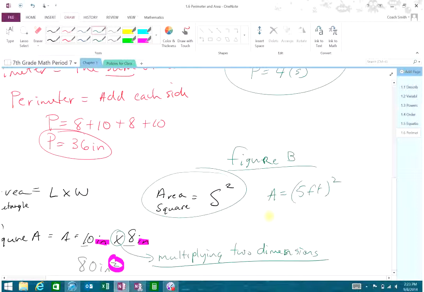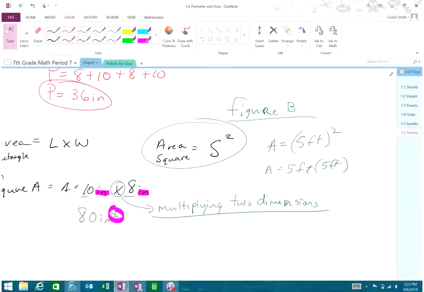Okay, so that means area is equal to 5 feet times 5 feet. I think that looked like a T instead of an F. All right, so what is 5 times 5? 25.